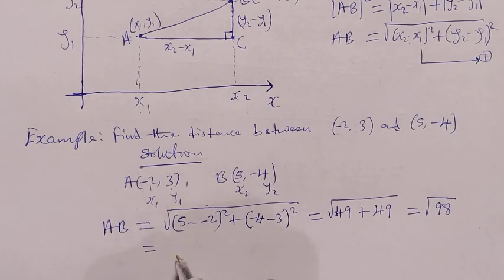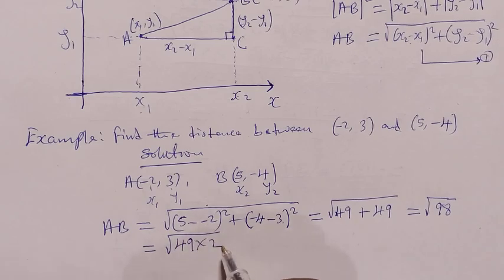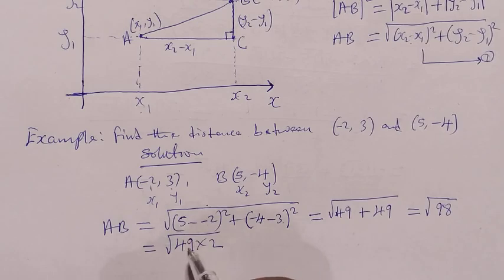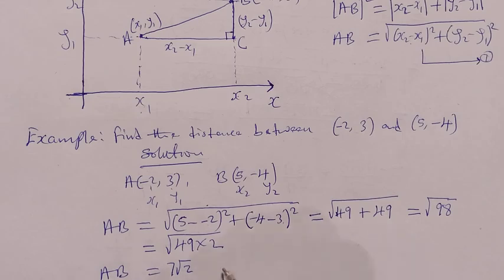We can express this as the square root of 49 times 2. 49 times 2 is 98. This 49 is a perfect square, so AB is equal to the square root of 49, which is 7, and then we cannot find the square root of 2, so we leave it like this.